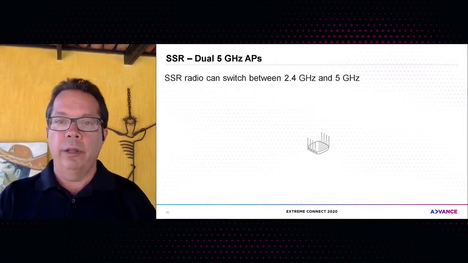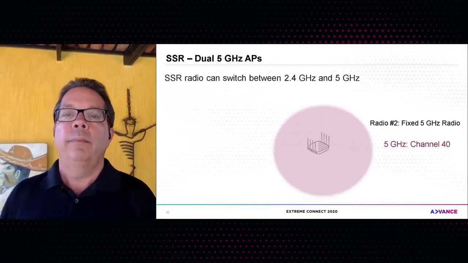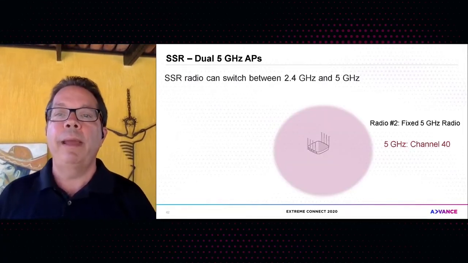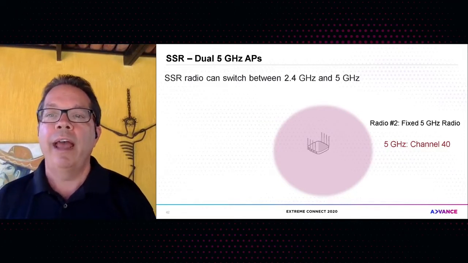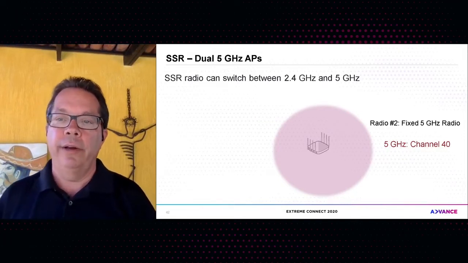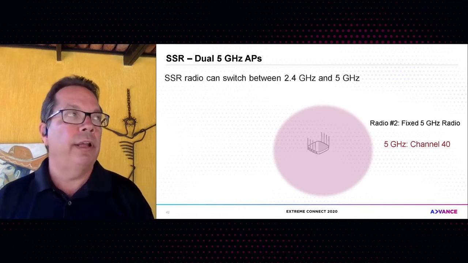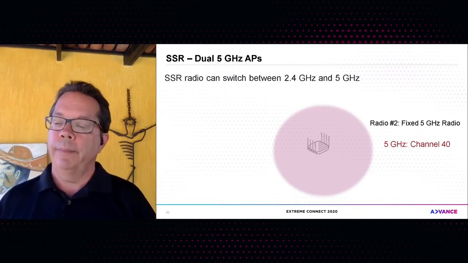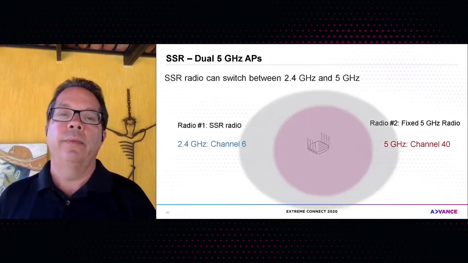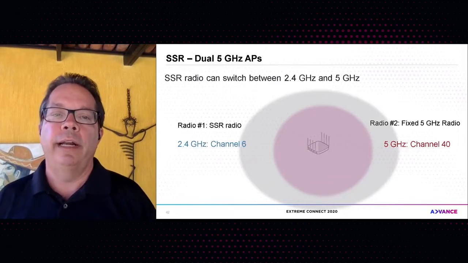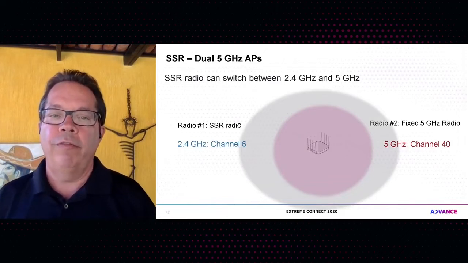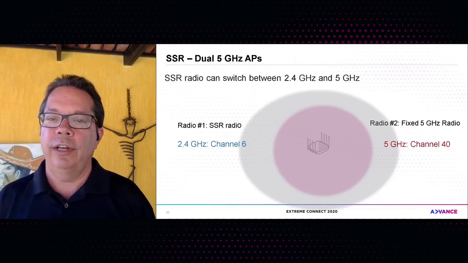They have a 5 gigahertz radio and a 2.4 gigahertz radio. But with most Extreme APs, our newer models, we have a fixed 5 gigahertz radio, which might be transmitting, say, on channel 40. Then we'll have another radio that's a software selectable radio. In this case, it's 2.4 gigahertz and transmitting on channel 6.